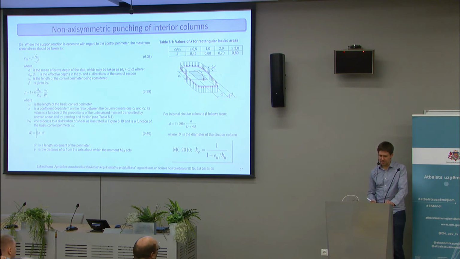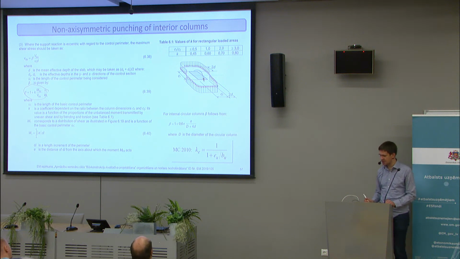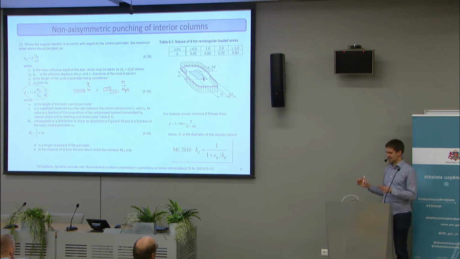So basically, what this formula says, if you rearrange the terms, is analogous to adding an equal part of shear, that is the shear force divided by the control perimeter, plus the plastic part, which is basically the unbalanced moment divided by the plastic resisting moment.